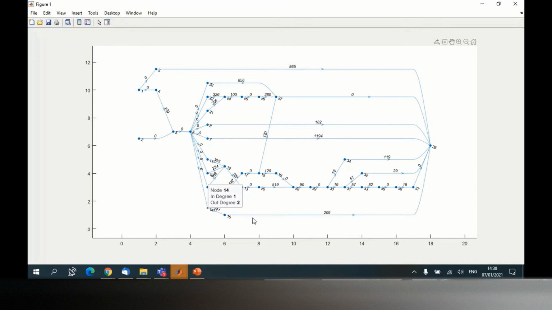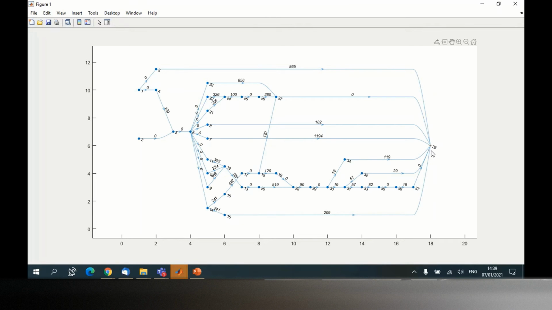So the numbers on the links are the durations of the previous activities, and 209 is the duration of activity number 15. But that's the most likely duration. It's only the most likely duration, but of course you define a range of duration.